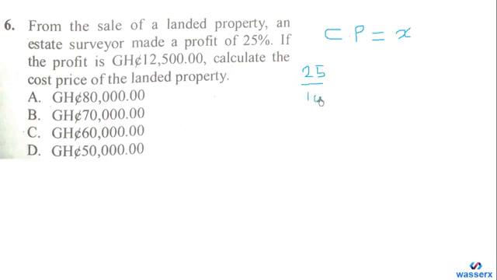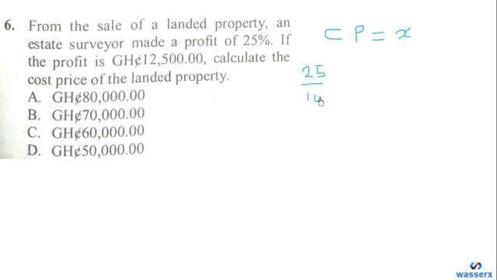So we need to multiply both sides by 100 over 25 so that we make x the subject. So we will get 12,500 times the reciprocal of 25 over 100, which is 100 over 25.